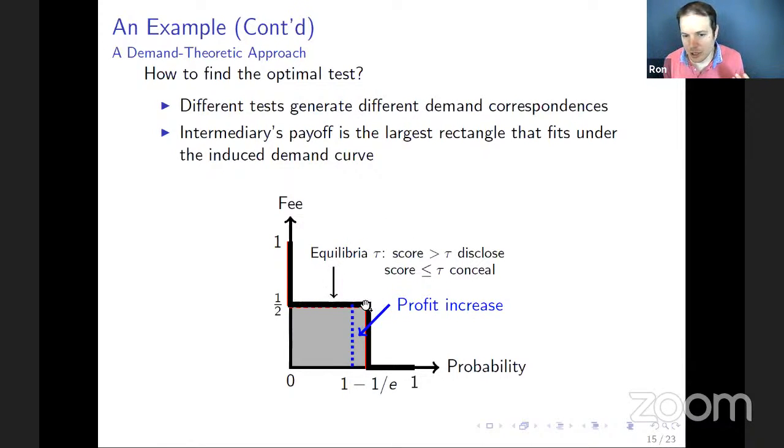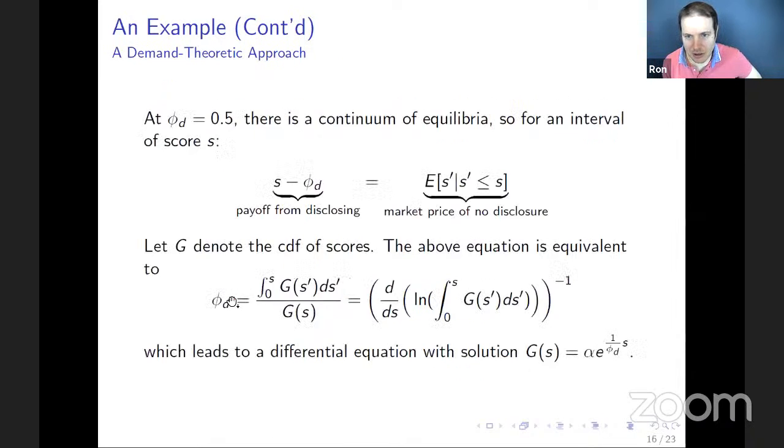If we could do that, what would that correspond to? It would correspond to, at this particular phi of 1/2, having a continuum of equilibria, right? For every score here, we would have an equilibrium where any realized score above it discloses, any score below it doesn't disclose, right? And if we could do this, and it would allow us to push things to the right, we would get extra revenue here, okay? So what does it mean to have a continuum of equilibria? Well, that actually just gives us a differential equation. Let's see that, right?